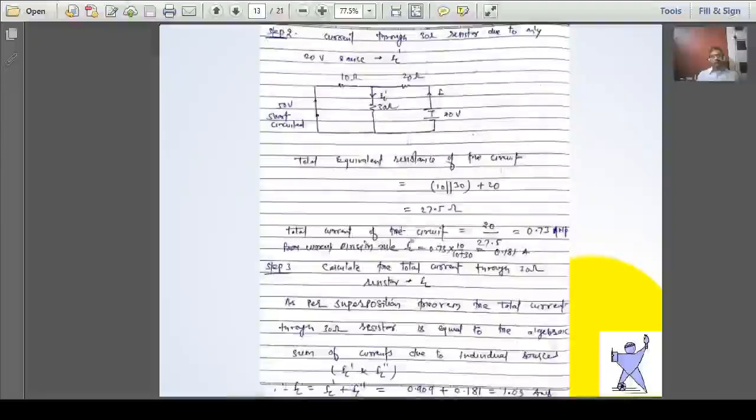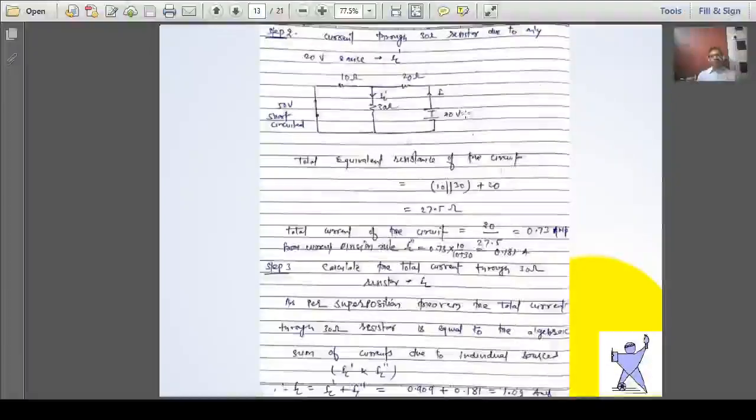So we have covered both voltage sources, 50 volt as well as 20 volt. We know the current flowing through the 30 ohm resistor due to both sources. Now in step 3 we'll calculate the total current that is flowing in the 30 ohm resistor. The current flowing in the 30 ohm resistor due to the 50 volt source is from top to bottom.